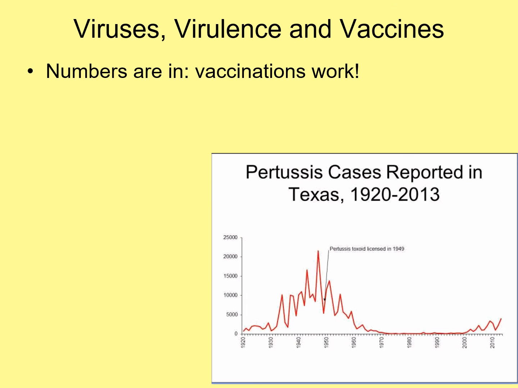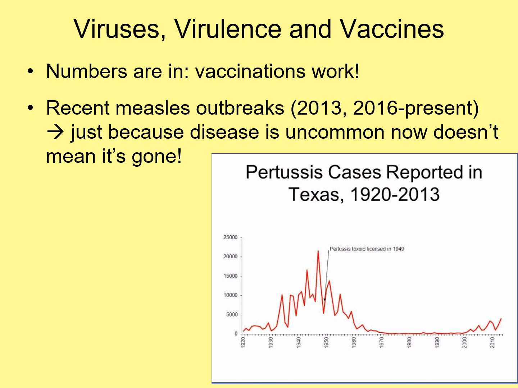And of course, we have lots of data to demonstrate that vaccines work, right? Here I've got a report of the whooping cough outbreak that we had relatively recently, 2013 or so. But this is tracking whooping cough cases back to 1920. And as you can see, fairly low in 1920, 1930 in Texas.